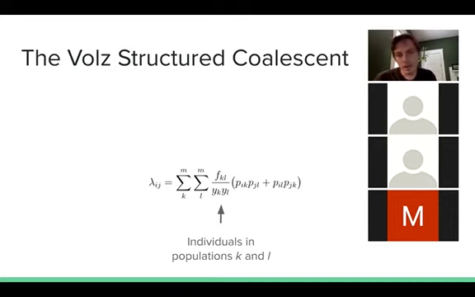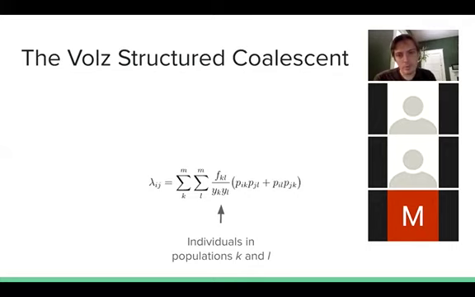We also have to consider, as we did for the simple SIR model, the total number of pairs of lineages in the population that could have coalesced at a particular transmission event.